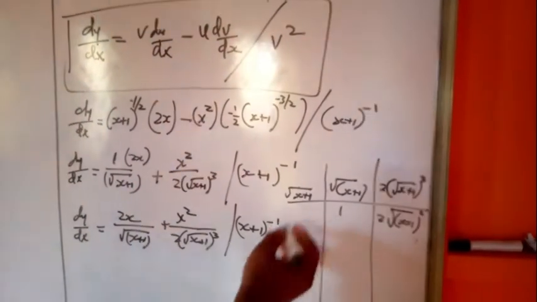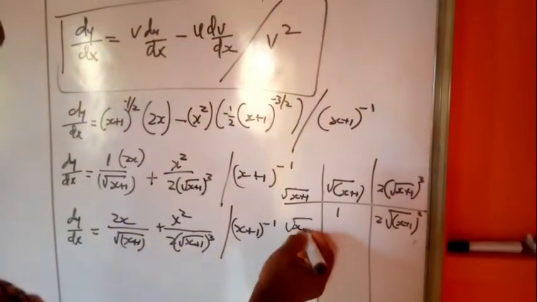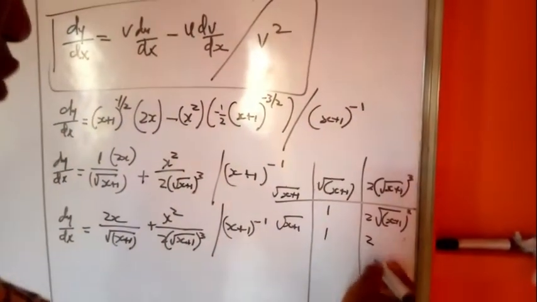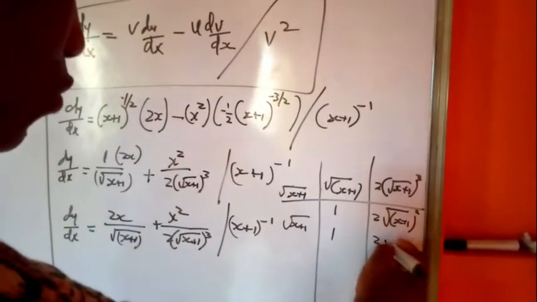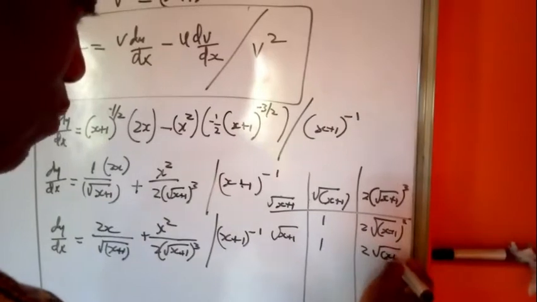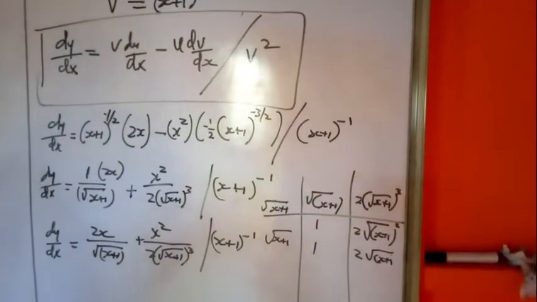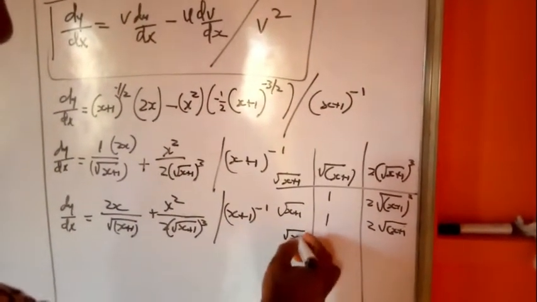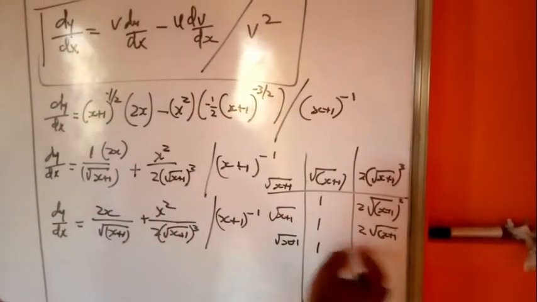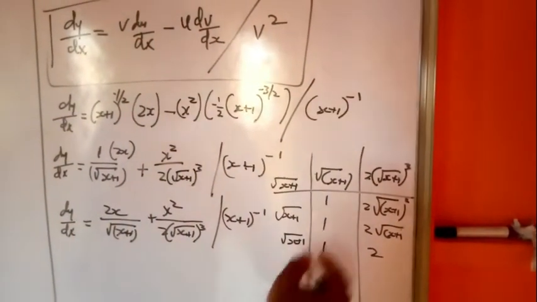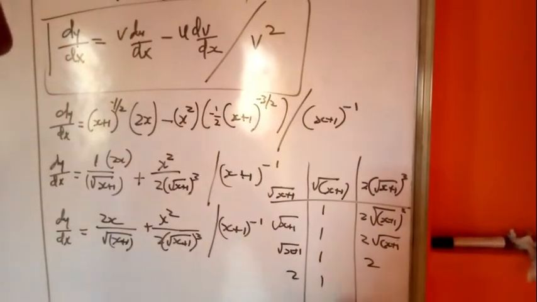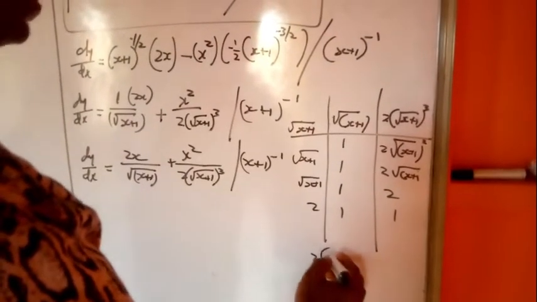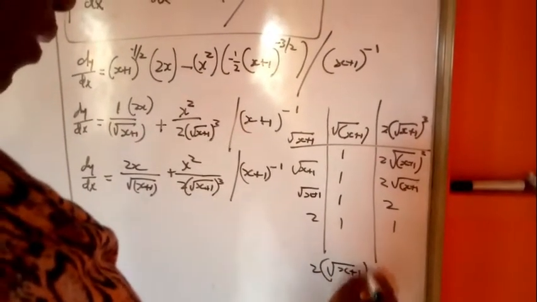It goes again, giving 2 and root x plus 1, then again, leaving root x plus 1 and 2. Then 2 goes, leaving 1. So our LCM will now become 2 into root x plus 1 raised to power 3.